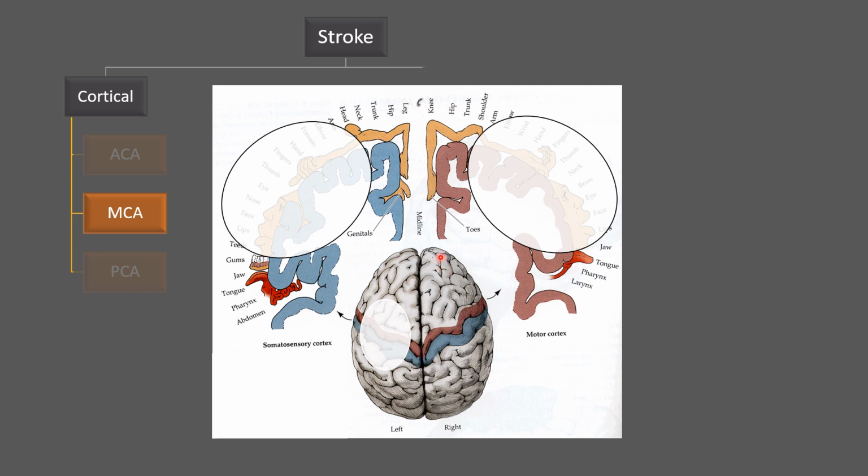So both eyes will be deviated toward the side of the lesion, to the left side in this case. And also, one final rare representation is partial involvement of the visual cortex.